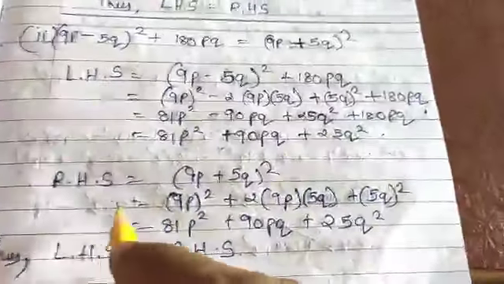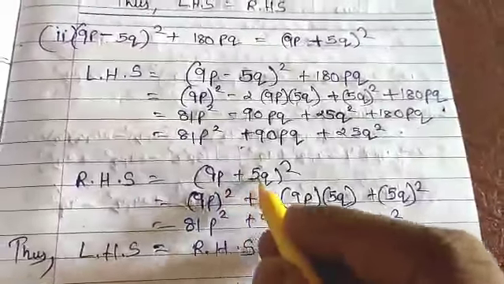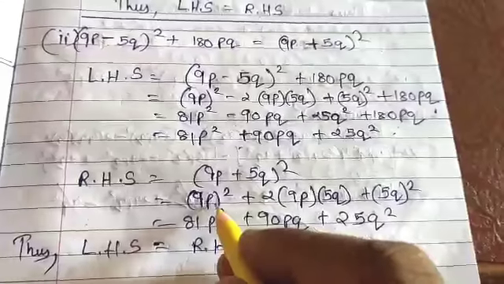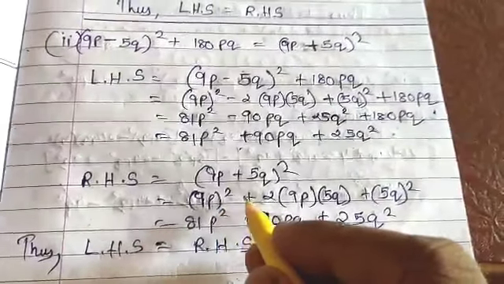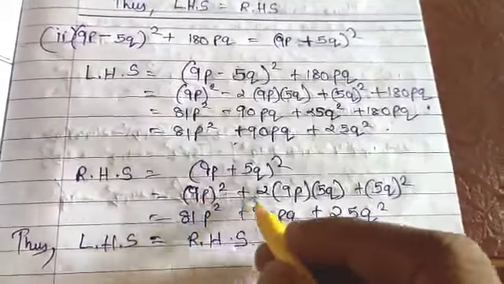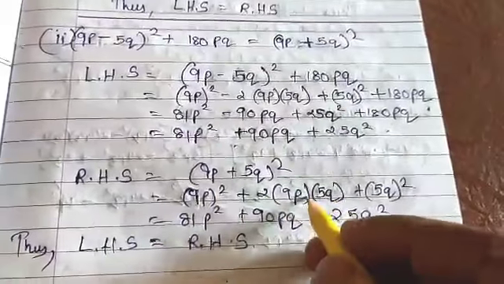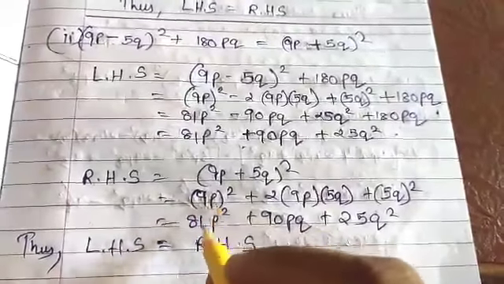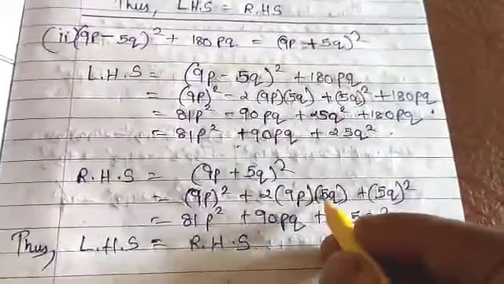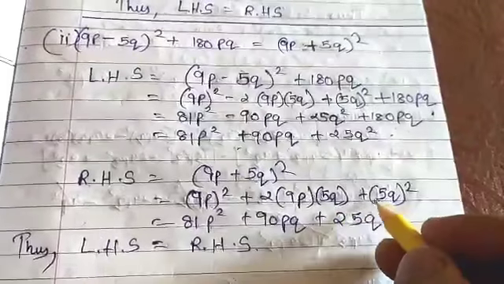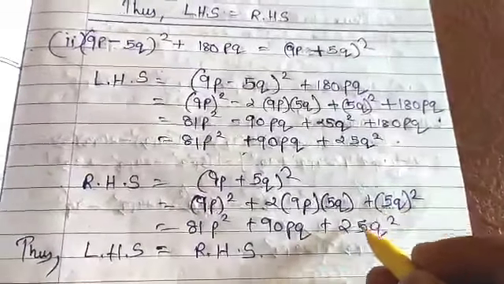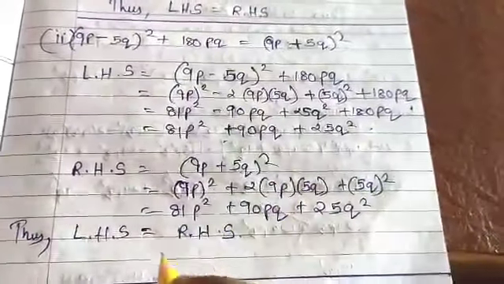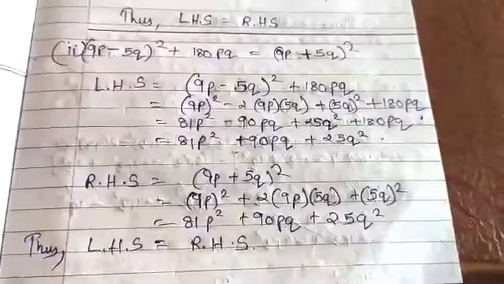Now let us solve the right hand side, (9p + 5q)². Use the identity (a + b)² = a² + 2ab + b², that is (9p)² + 2 × 9p × 5q + (5q)². Then the square of 9p gives 81p², plus 2 × 5 is 10, 10 × 9 is 90, 90pq, plus (5q)² gives 25q². See whether both values are equal. Yes, they are the same. So we can say that LHS equals RHS.